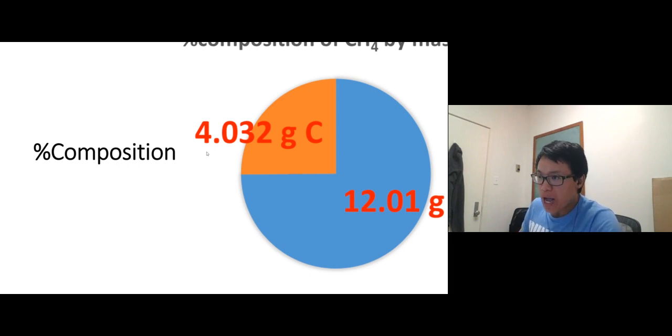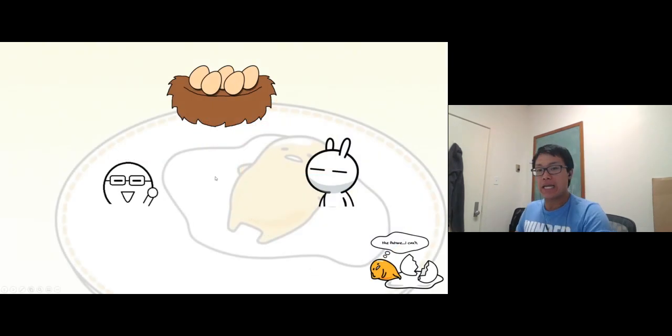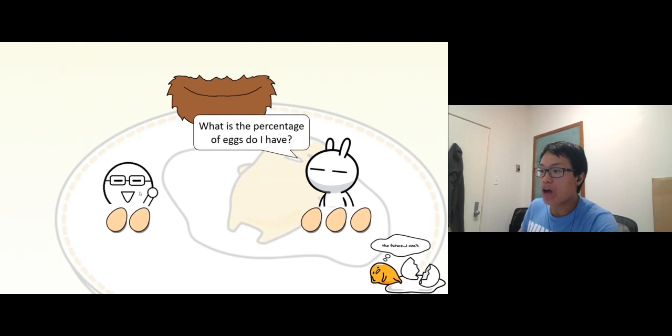All right, so percent composition. The last one we're gonna talk about. Let's start with something easy. So x. Let's say I have 5x total, and then I got 2x and Tusky got 3x. What is the percentage of x does Tusky have? How do you do that?